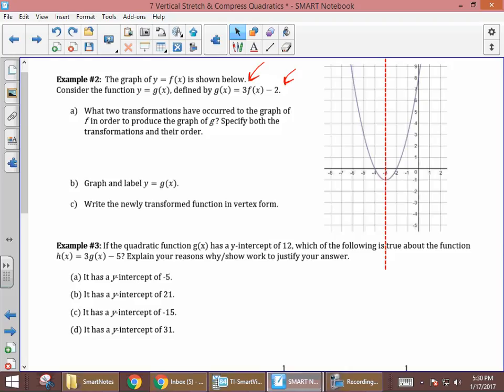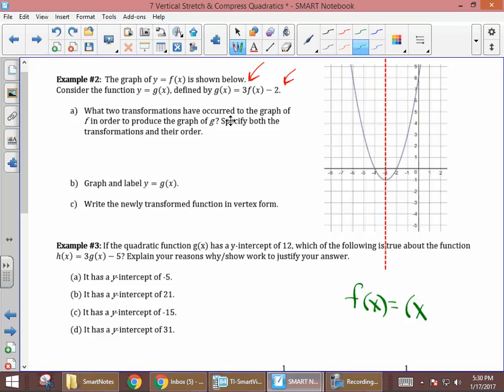Could we write the original function down? Absolutely. If you wanted to, you could go, you know what, I know that f of x equals x plus 3 squared minus 1 because the vertex is at -3, -1.